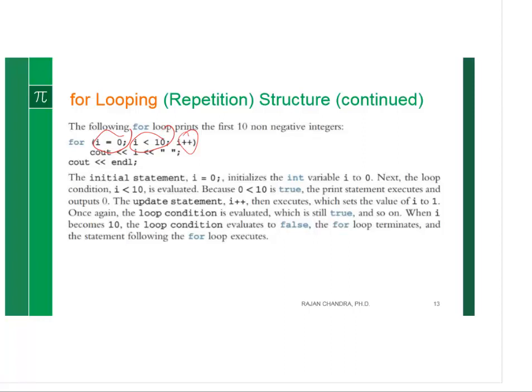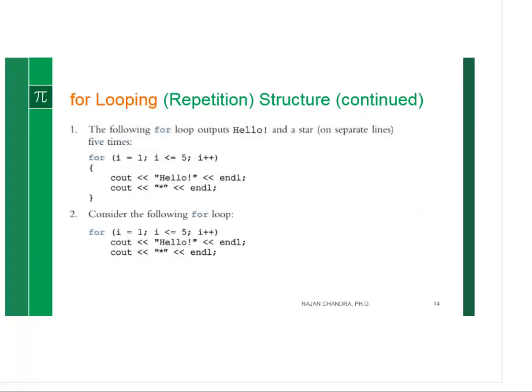And here are two examples. In the first example, notice the loop has two statements inside it, which means it is going to print hello, and on the next line print the star, 5 times, because we put a curly bracket that includes both statements.